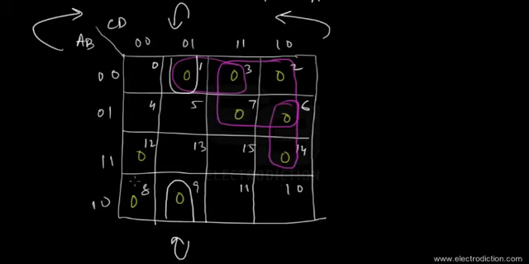And if we fold the Karnaugh map sideways, horizontally, then we'll have the cells 12 and 14 forming another pair. Other than that, we can also see the cells 12 and 8 grouped together, as well as the cells 8 and 9. So we can see that we have lots of groups over here.